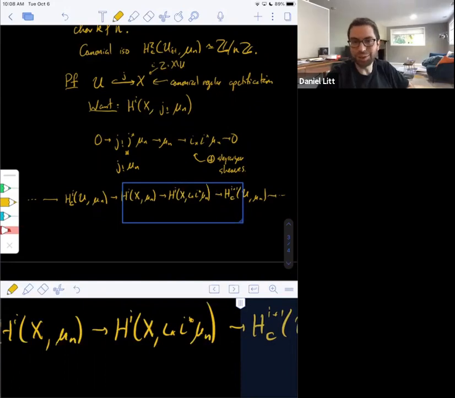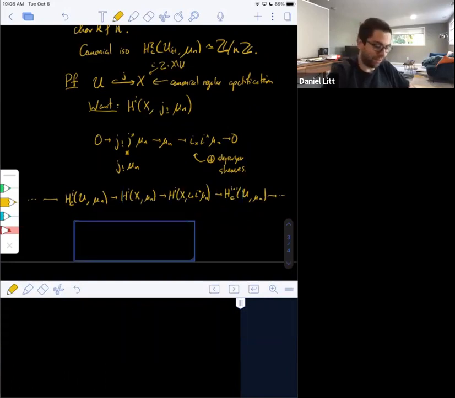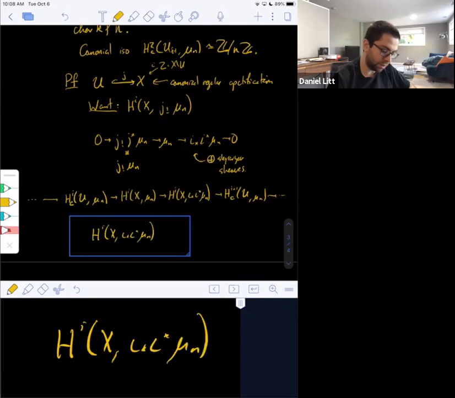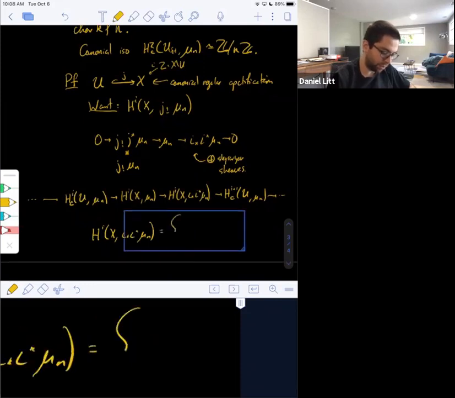Yeah, so how do you compute the cohomology of a skyscraper sheaf? Yeah, let's actually work it out here. So we have H^i of x with coefficients in i lower star i upper star mu n. So what is this cohomology?